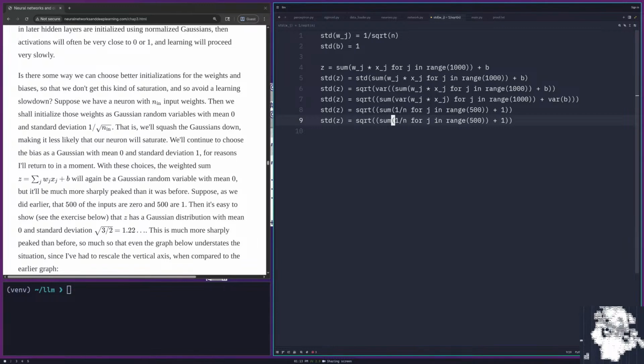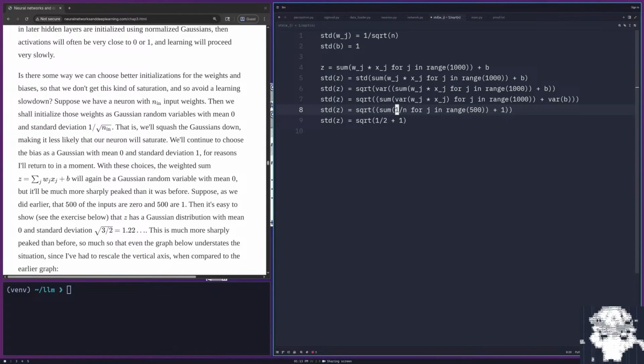Then that just means we've got 500. Once you take the sum, it's basically just a half, because you've got 500 on the... what am I trying to say?